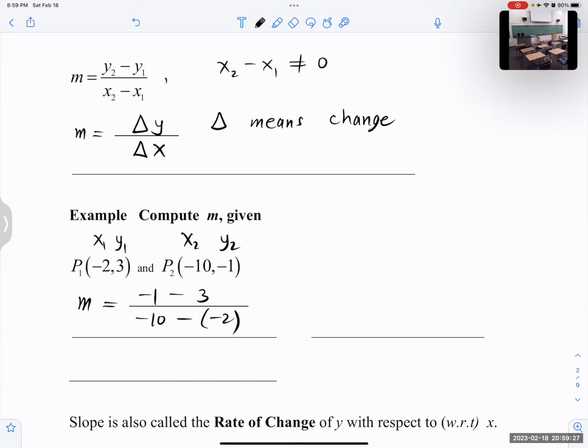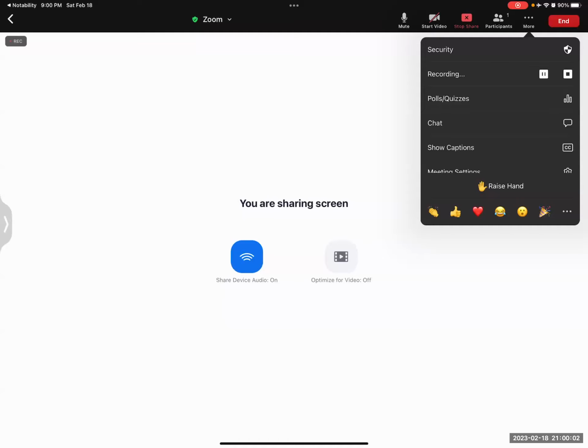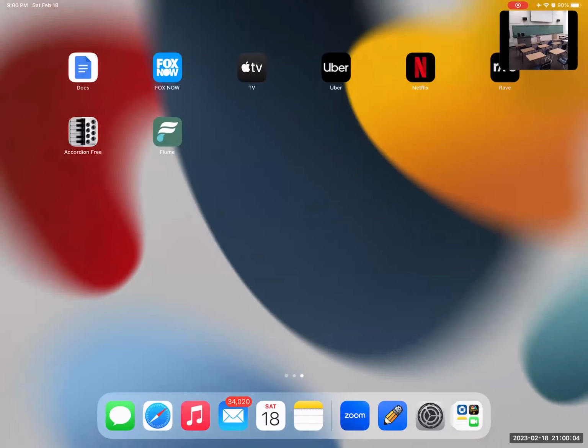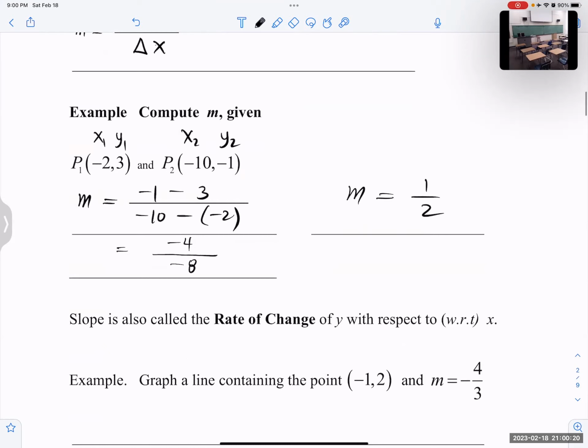So now we're going to do the subtraction and simplify. So the numerator is -4, denominator -8. So the slope is +1/2. Note that slope is also called the rate of change of y with respect to x.